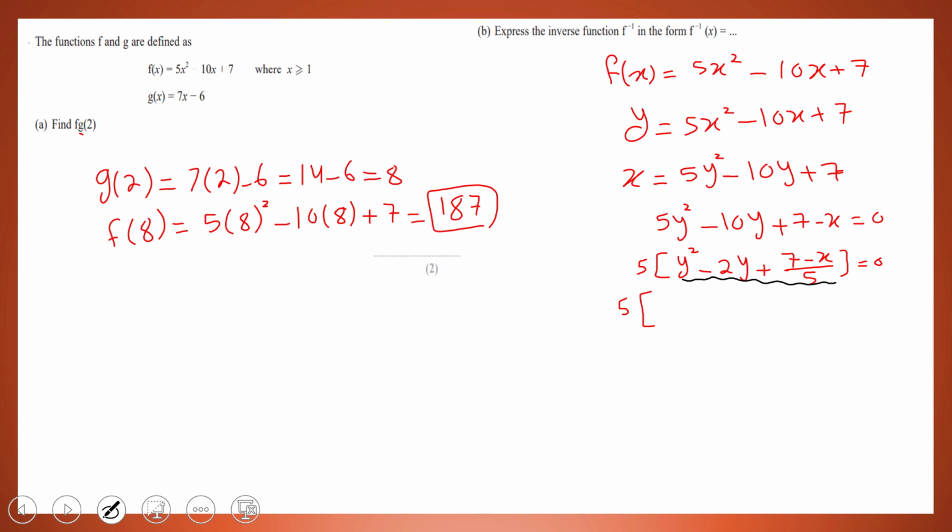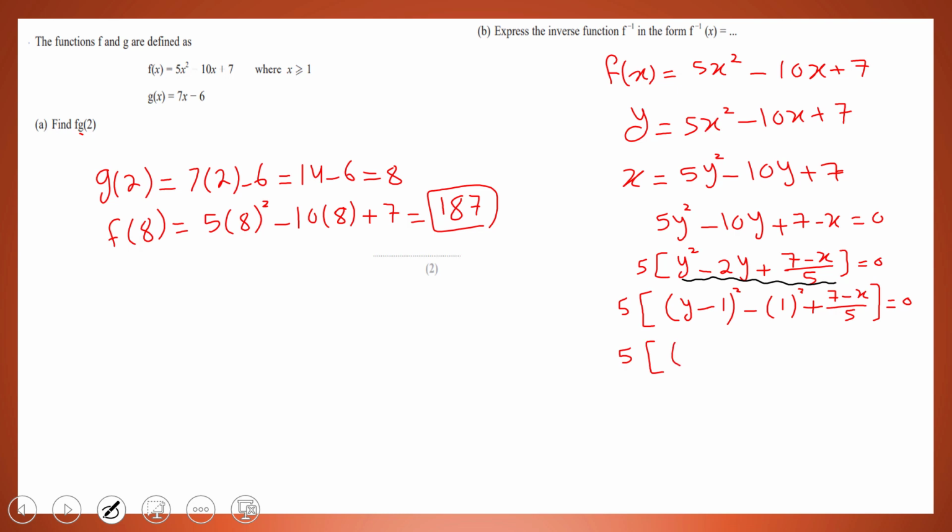So it will be y, and b now is negative 2, so negative 2 divided by 2 is negative 1, all squared. And then minus 1 squared added to c, which is 7 minus x all over 5, is equal to 0. So the 5 remains out.